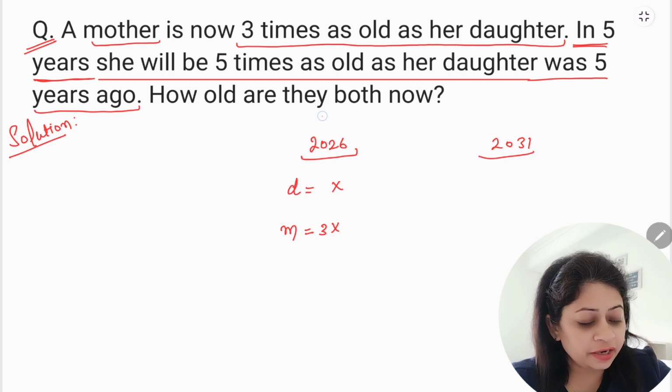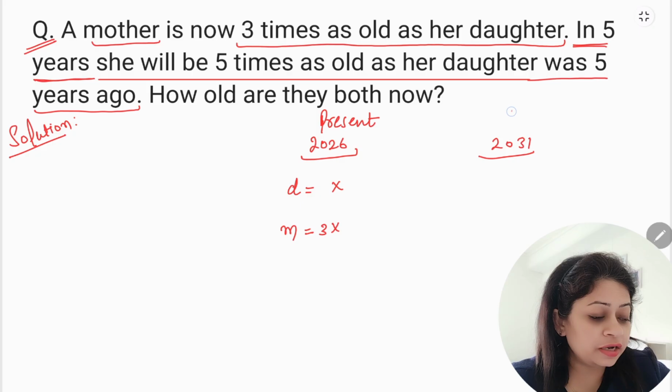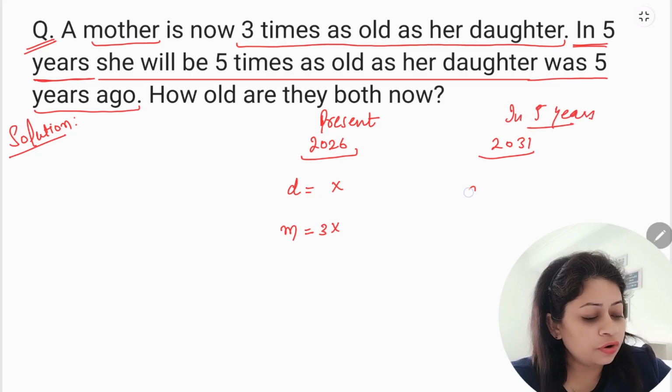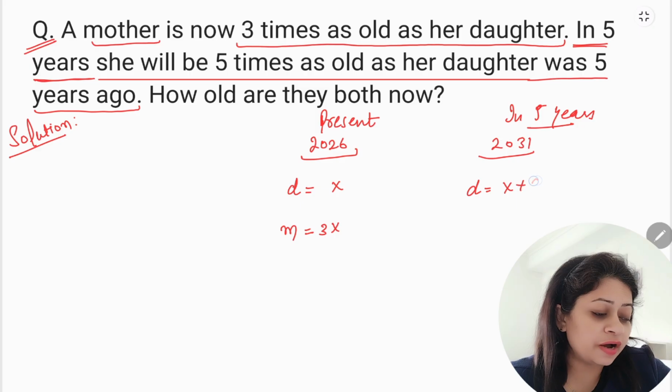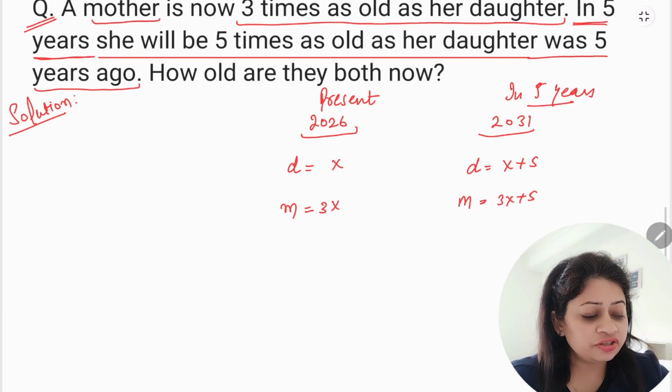I will write it here present, okay? Here I will write in 5 years or after 5 years. Daughter will be x plus 5 and mother will be equal to 3x plus 5. Like after 5 years, we will just add 5 in their age, right?